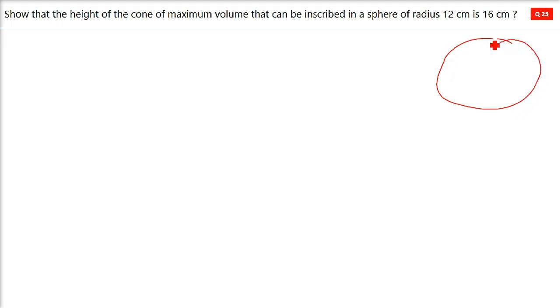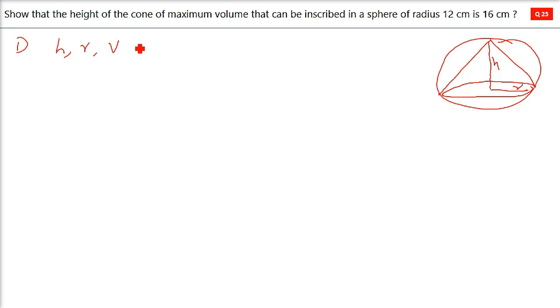Let me just remind you, or make you recall, that in a 3D sphere there is a cone inside. So h and r and v, the height, the radius and volume, we have taken. These are the anticipated or guessed values. H and r are these.